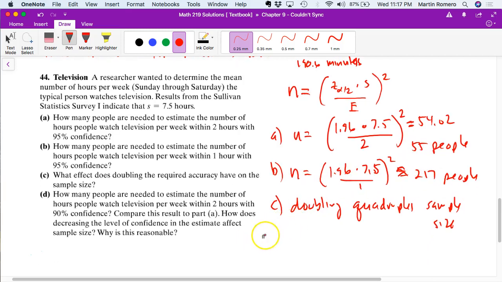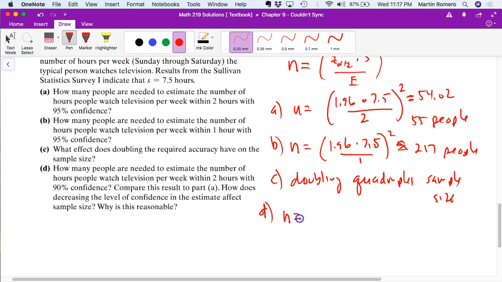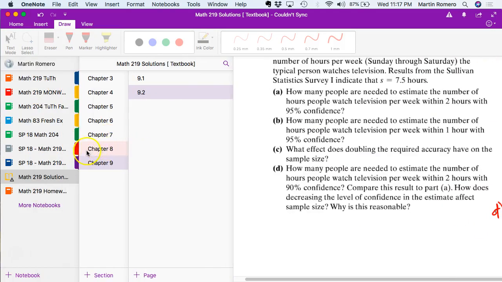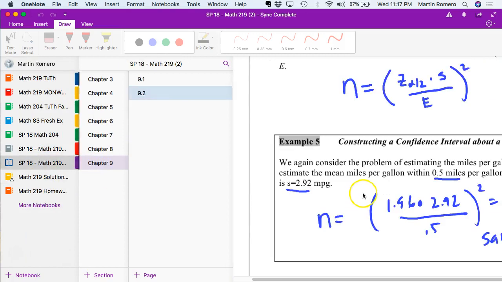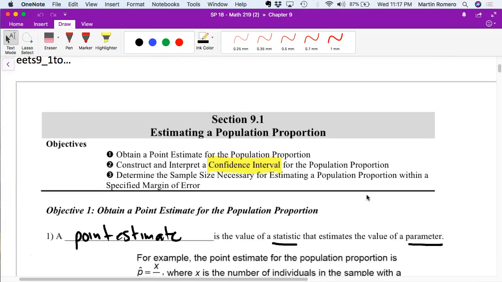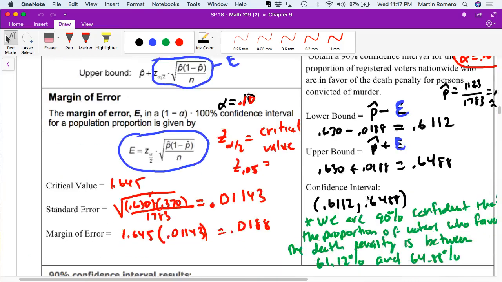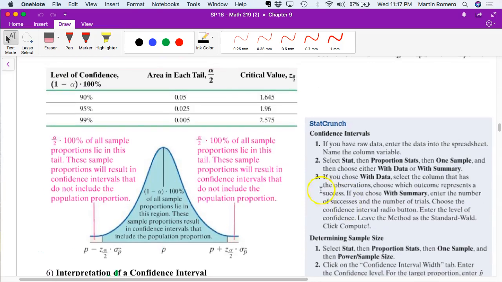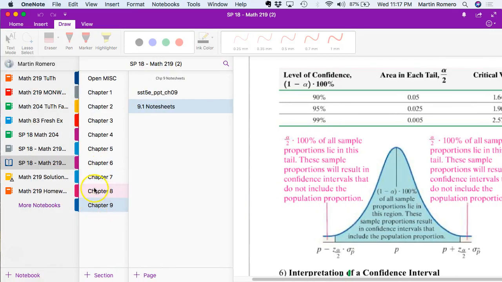And then lastly, on D, how many people are needed to estimate the number of hours people watch TV at 90% confidence? So in this case, we have to change the critical value for a 90% confidence interval. 90% is 1.645. 1.645 is the Z value.